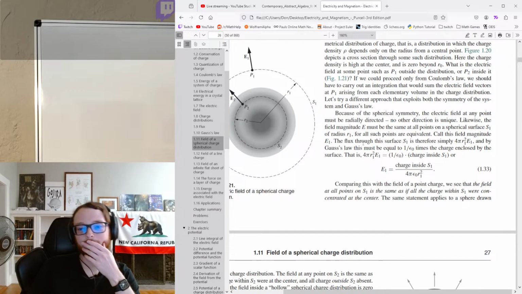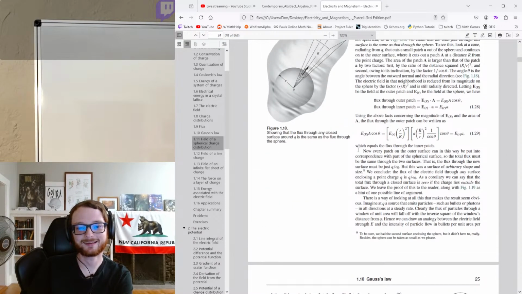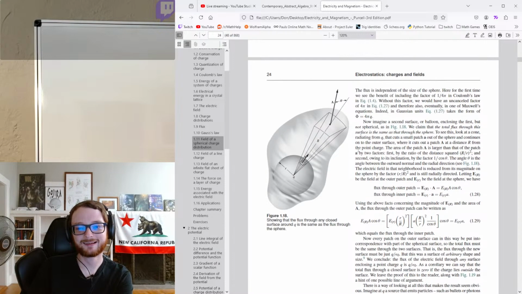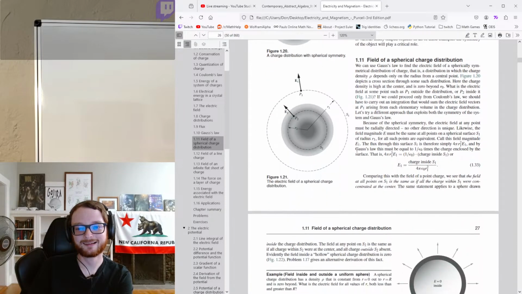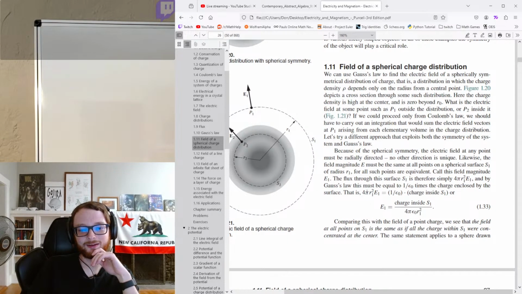The flux through the surface is the surface area of this Gaussian... Do you call it a Gaussian solid? Gaussian surface. That's probably better. Yeah, I think you call it a Gaussian surface. It's just the surface area times the field is equal to the enclosed charge over epsilon naught.